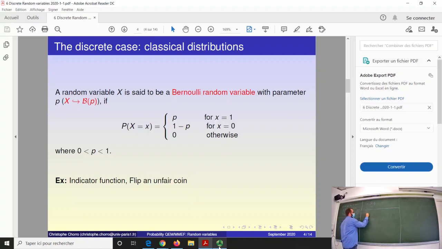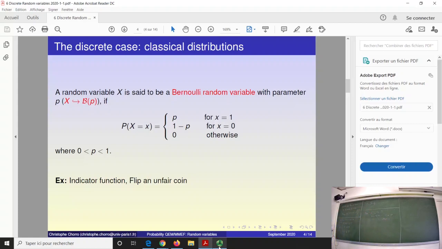So I remind you once again the definition of an indicator function. Something from omega into {0, 1}. It is the first link with something that is Bernoulli. I take two values, 0 or 1, and I know that I am equal to 1 if ω belongs to A and 0 otherwise.